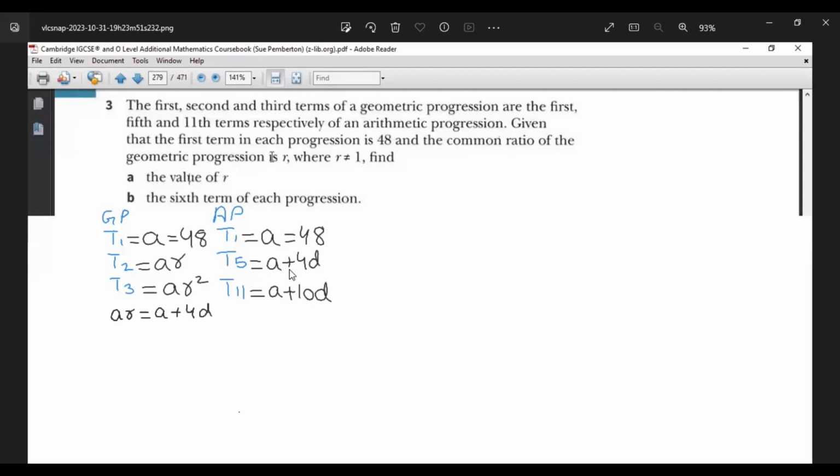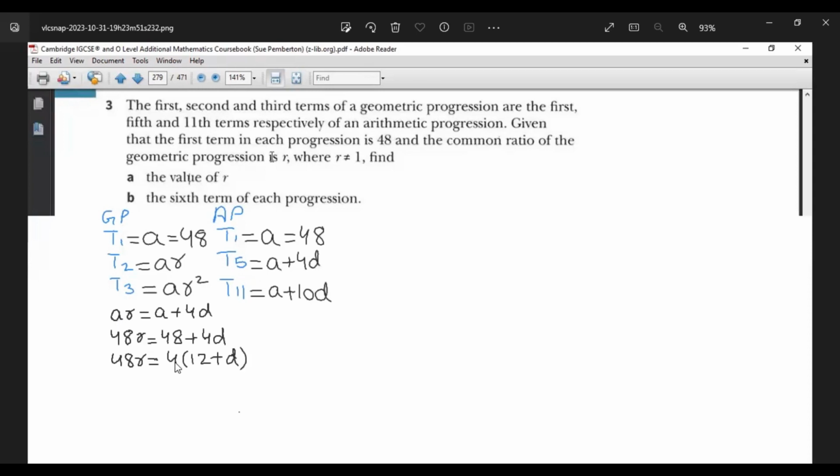The value of A is already given to us, that is 48. So when I plot it over here, this will become 48R equals 48 plus 4D. Okay, 48R equals 4 common, so I will have 12 plus D.